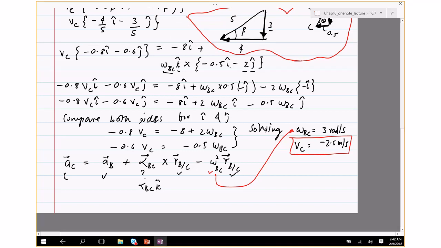I can write this as AC times the direction, which is going to be minus 0.8I minus 0.6J. Right? So I'll have two unknowns, AC and alpha BC. And just like the previous problem where there were two unknowns, VC and omega BC, I can solve for those two unknowns. So I'll complete it later on, but that's how I would do this.